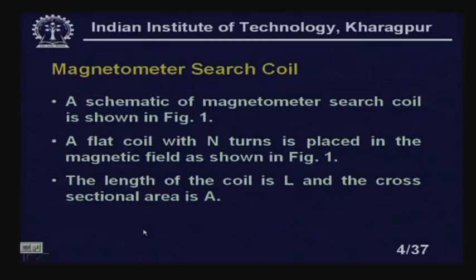The length of the coil is L and the cross sectional area is A, right. What is this cross sectional area? Let us look again. Suppose I have a coil of n turns.